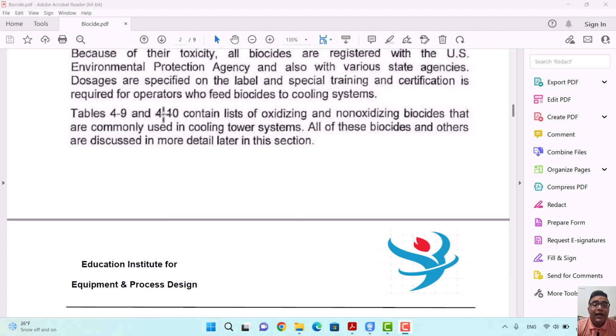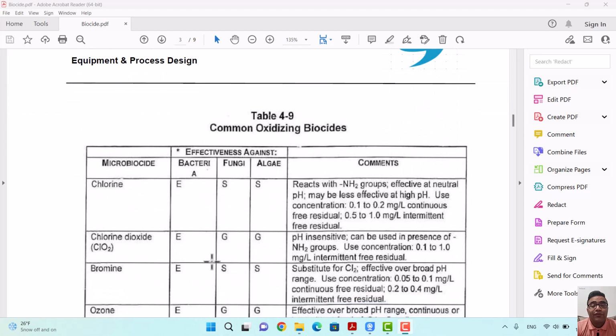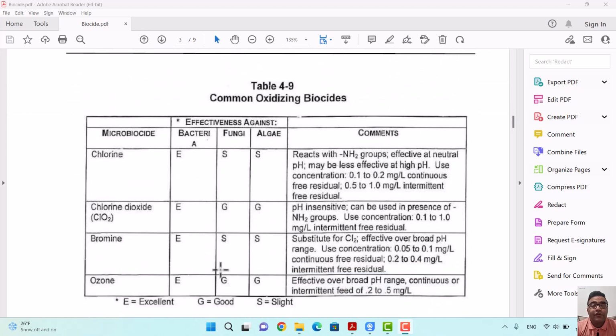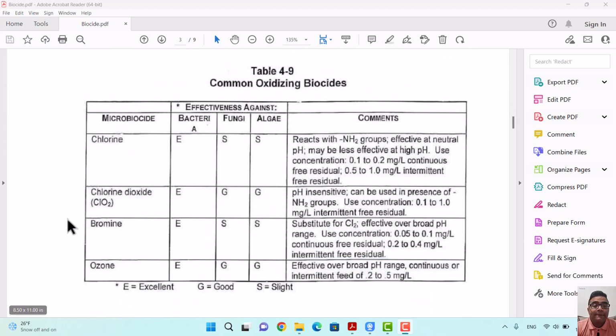Table 4 and table 9 and table 10 contain lists of oxidizing and non-oxidizing biocides that are commonly used in cooling water systems. All of these biocides and others are discussed in more detail later in this section. For common oxidizing biocides, we have chlorine, chlorine dioxide, bromine, and ozone.